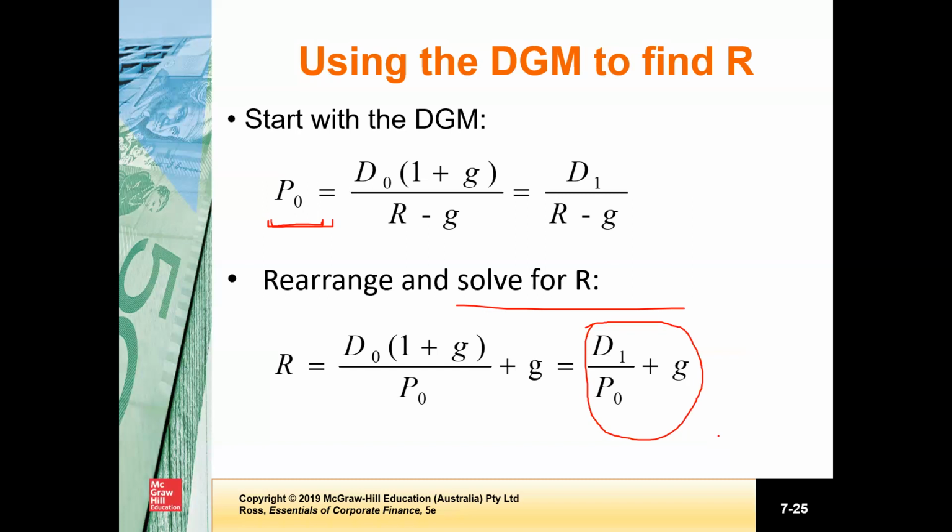So this will give us an idea that given this market price, the market is actually expecting this return from the investment. Which means, I repeat, if you see that this is the price at which a share is traded, you have an estimated dividend and you have a growth rate, then calculating R will let you know what is the rate of return the market is expecting from this investment.